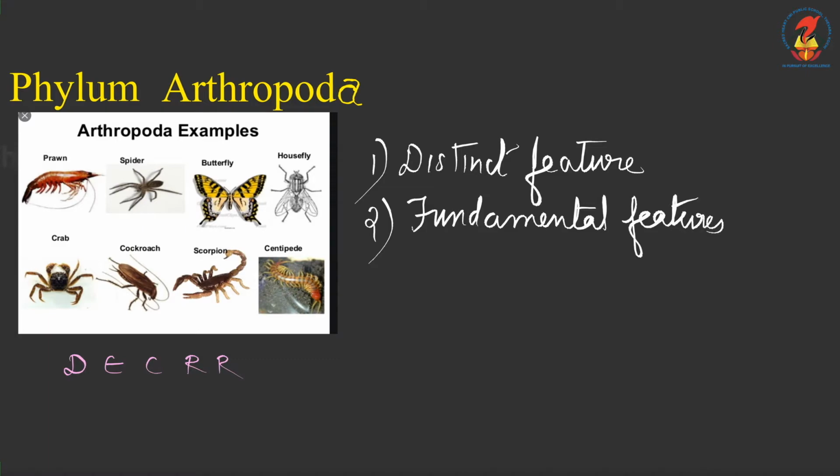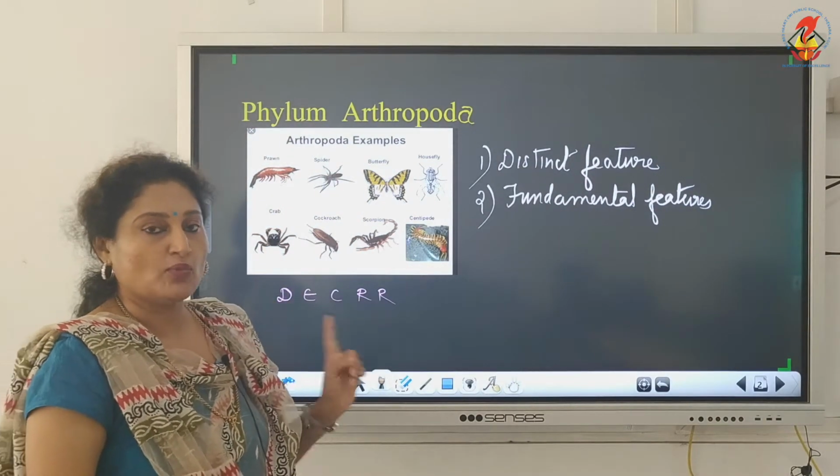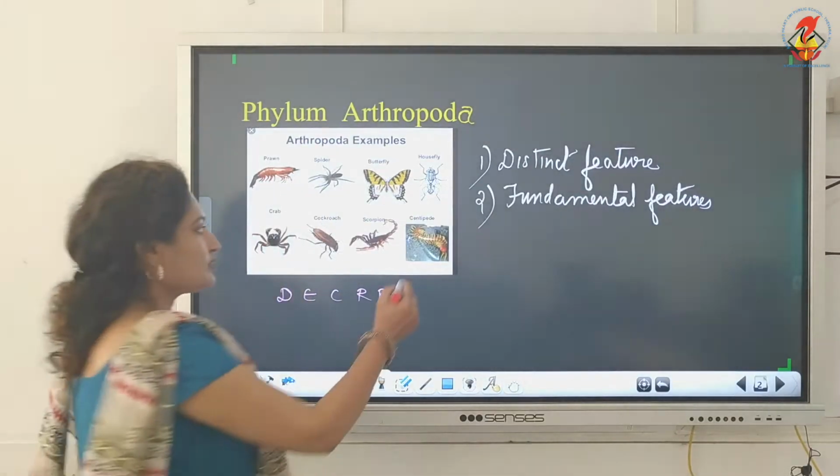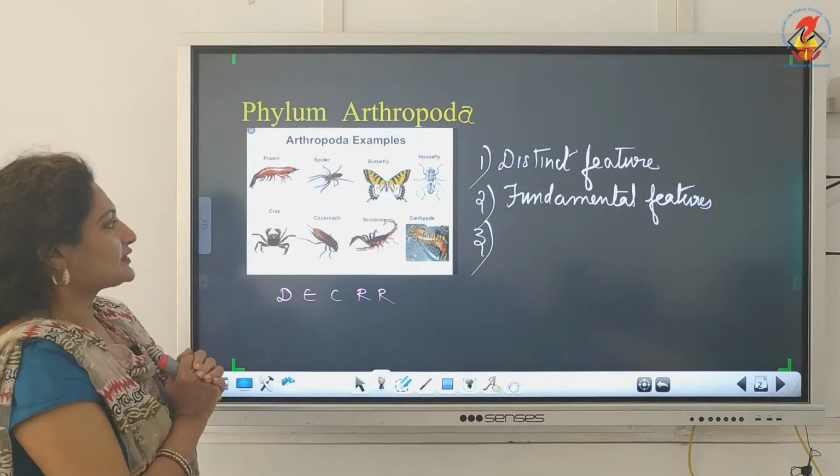And all the other characteristics of the fundamental features should be gathered from video number 1, from the flow chart. Now the remaining I am going to emphasize is what is special to arthropods.